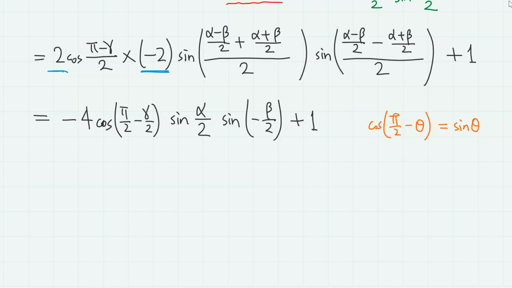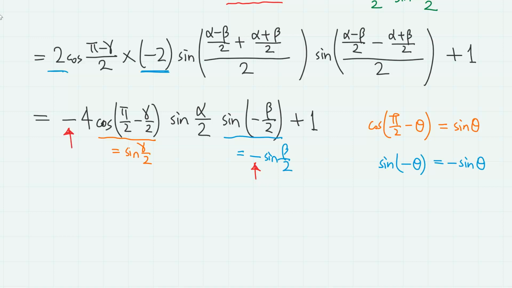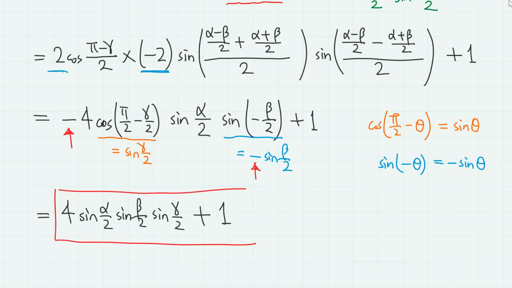Here, due to the relation between cosine and sine, this part becomes sine gamma over 2, and since sine of minus theta equals minus sine theta, this equals minus sine beta over 2. So this minus sign and this minus sign cancel each other, so we have 4 sine alpha over 2 sine beta over 2 sine gamma over 2 plus 1. So we have proved the second identity.